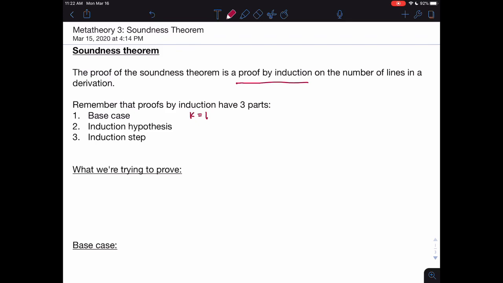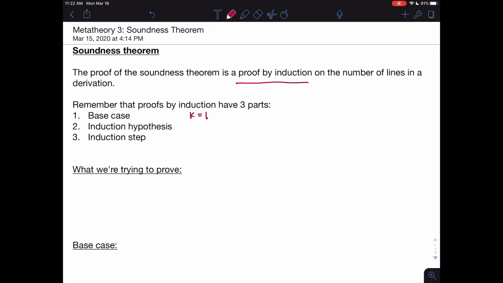Then we're going to set up the induction hypothesis, and just remember that that's when you assume that the claim you're proving holds for everything up until a certain point. And then in the induction step, you prove that, assuming that the claim holds for everything up until a certain point, it also has to hold for the next point.